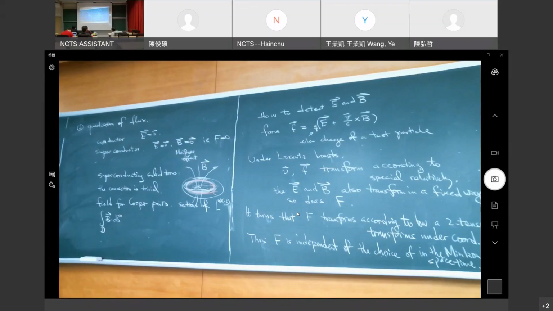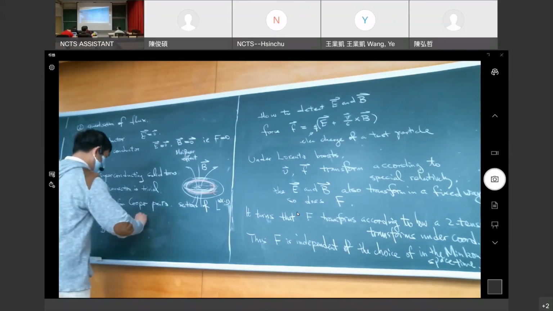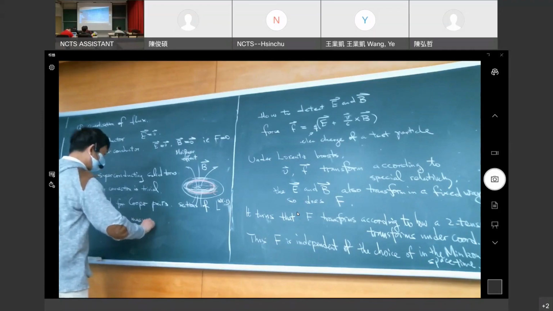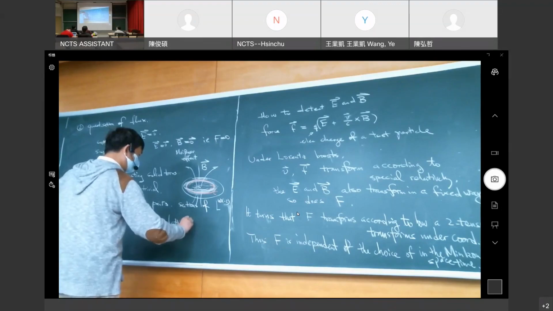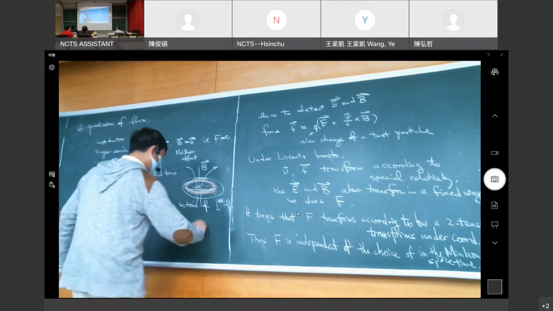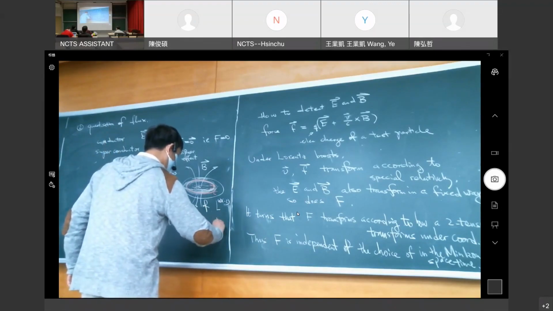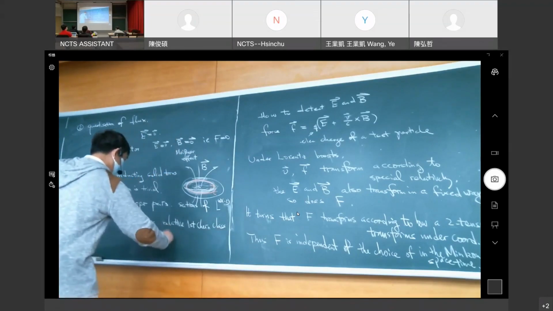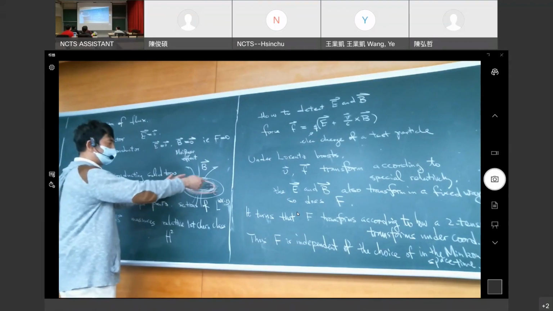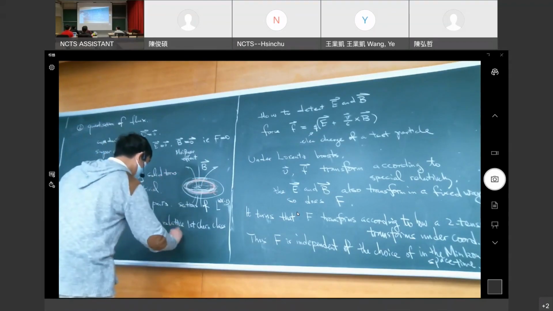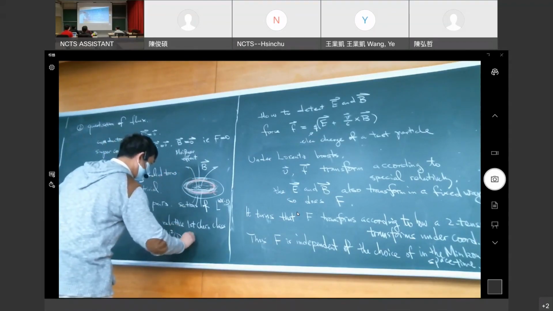Now this flux, up to a factor, measures the relative first Chern class. Why relative? Because the bundle is trivial on C, but inside C, on D, it is non-trivial.